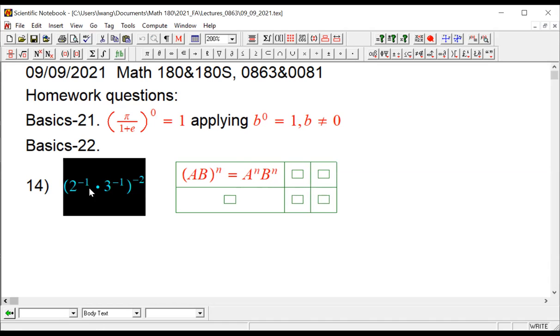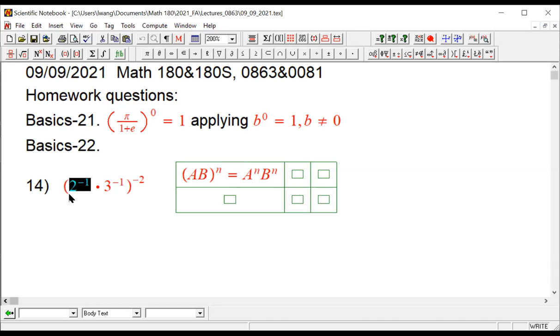Yeah. So our capital A is 2 to the power negative 1. Our capital B is 3 to the power negative 1. So as a result, what we have next is, this is a capital A raised to the power of negative 2. I'll show you another way to do it, okay? And the next is 3 to the power negative 1, and then to the power negative 2.